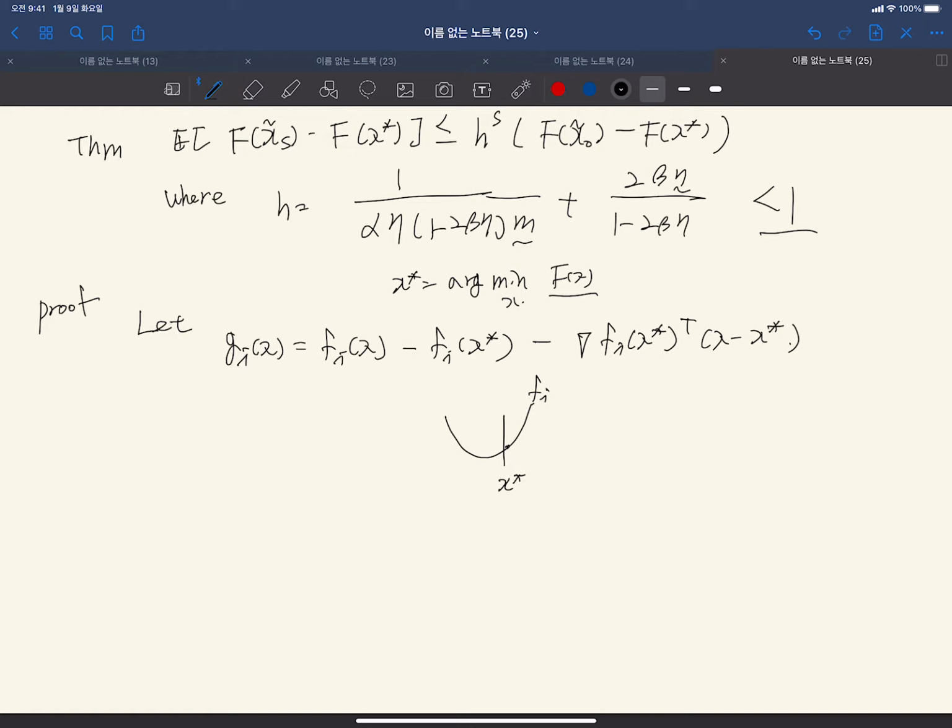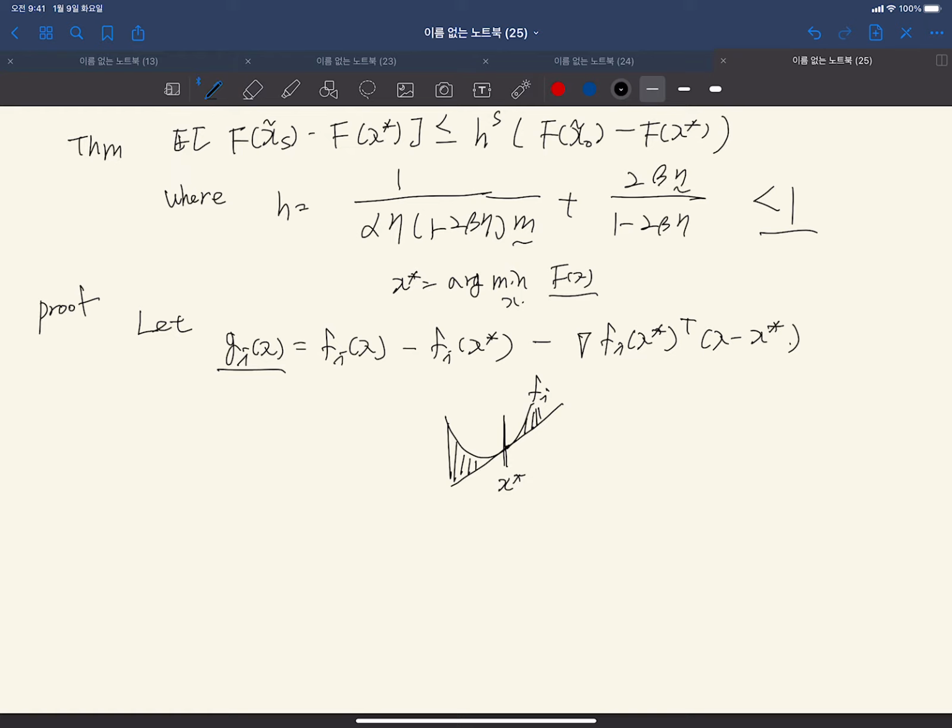Okay? So this is the optimal point, and when you draw a tangential line at point x star, maybe we have this kind of affine function. And g_i(x) is the difference between f_i(x) and this tangential line. Okay?